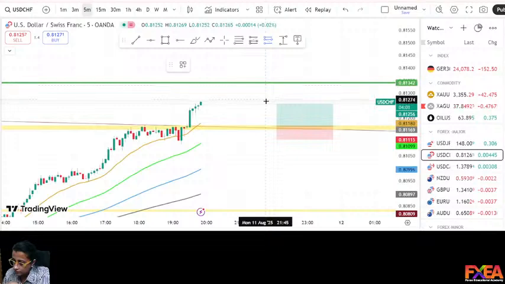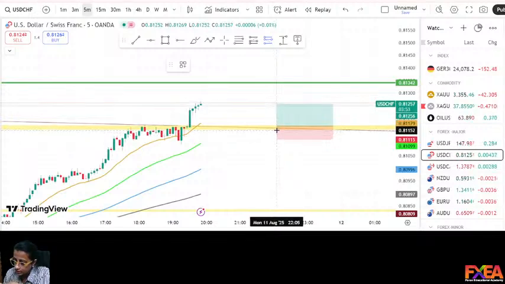If you have taken this trade, the stop loss should be below this trend line, and take profit is this level, 0.813342.